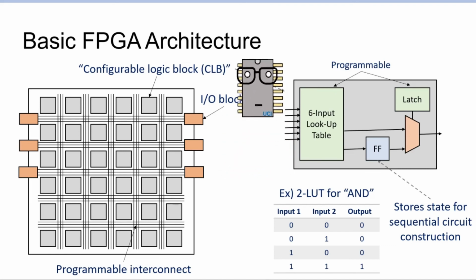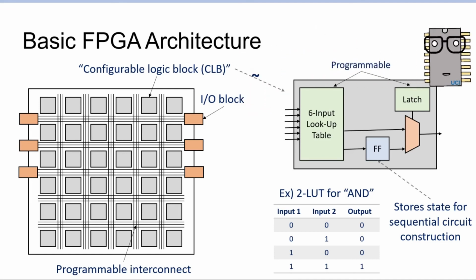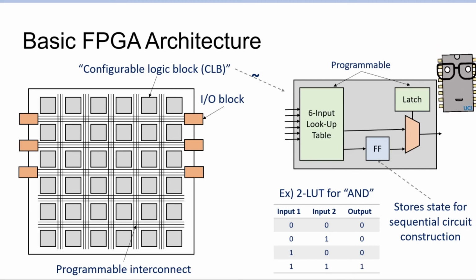And these CLBs are the ones that are programmable. On the right is the internals of a generic CLB. The actual CLBs, or slice LUTs or slice Ms and all the other names that different companies call them, are much, much more complex. But at a very generic level, a CLB looks a little bit like this.